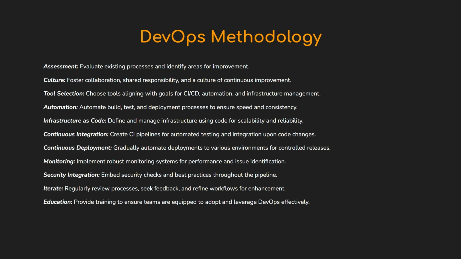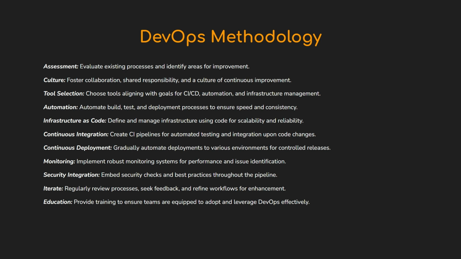Continuous deployment: once code changes pass through CI, CD automates the deployment process, ensuring new code can be quickly and safely released into production environments. Monitoring and feedback: implement monitoring tools to track performance, detect issues, and gather feedback from users. This feedback loop helps in continuous improvement of both software and processes.